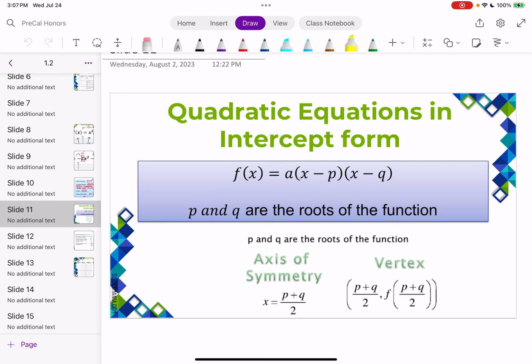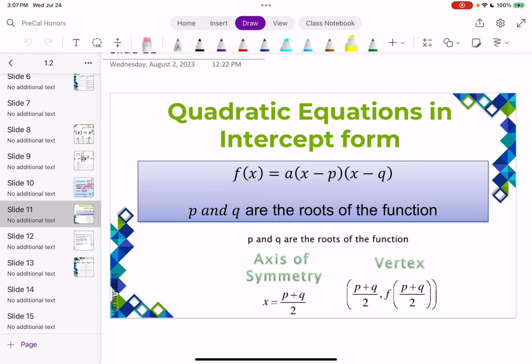In this case, our easiest route would be to figure out the axis of symmetry first, then plug it into our equation to figure out the vertex.